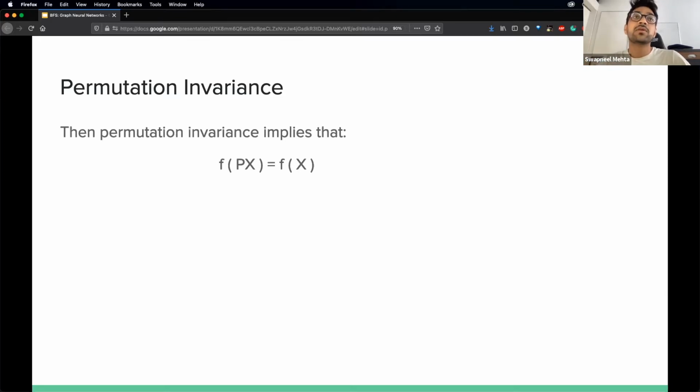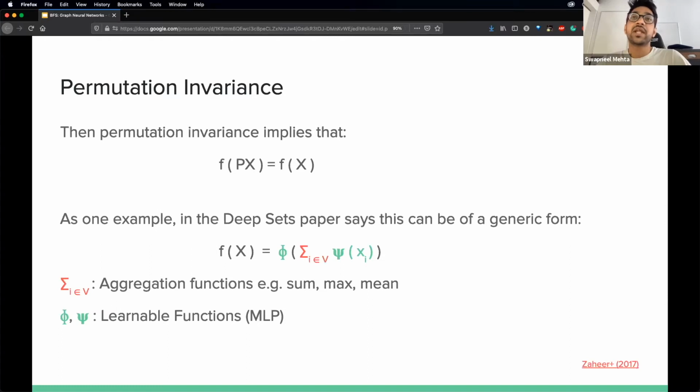Okay. So someone wrote a paper that says, in general, this general example of permutation invariant functions could be of this form. So f(X) could be of the form phi of summation of psi of these features. And let's break this down. So there are two green values that I'll get to later.